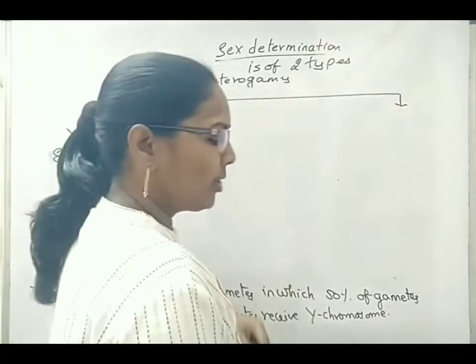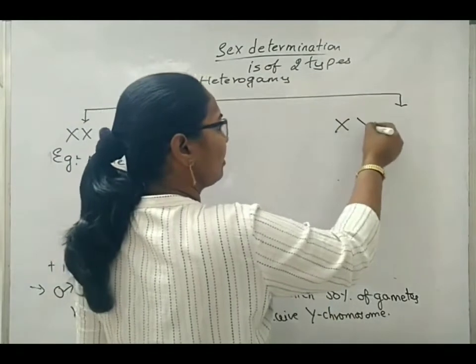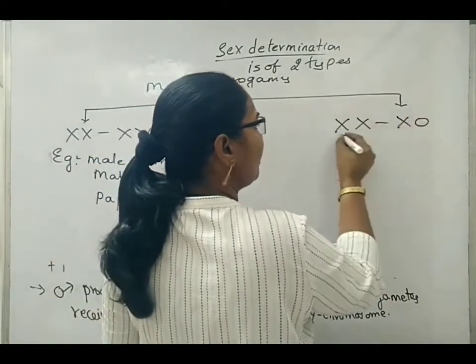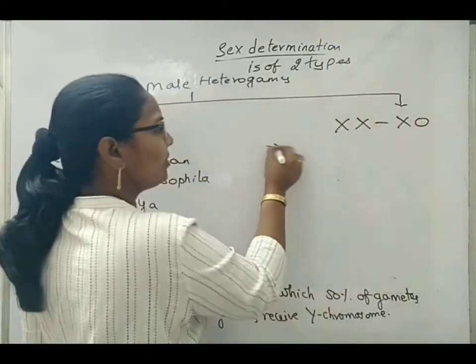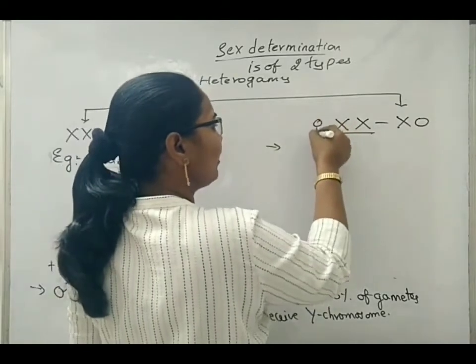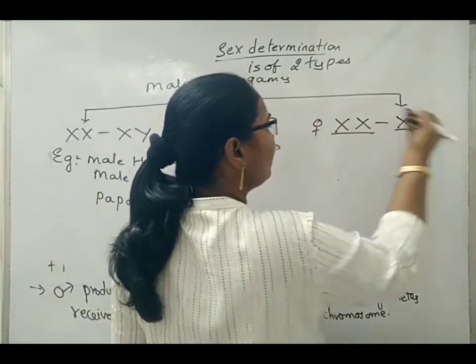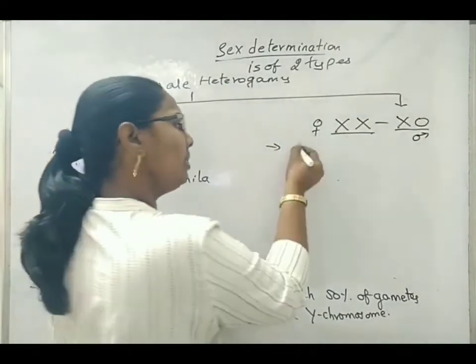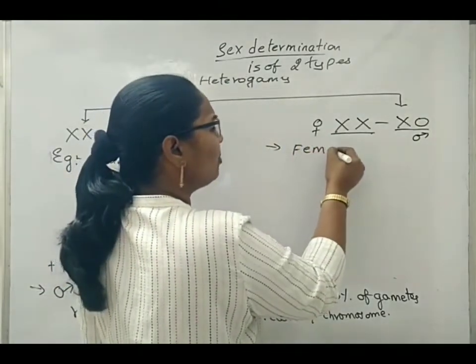Okay. So the next one, XX and XO. This determines the female organism, and this determines the male organism. Here also females are homogametic.